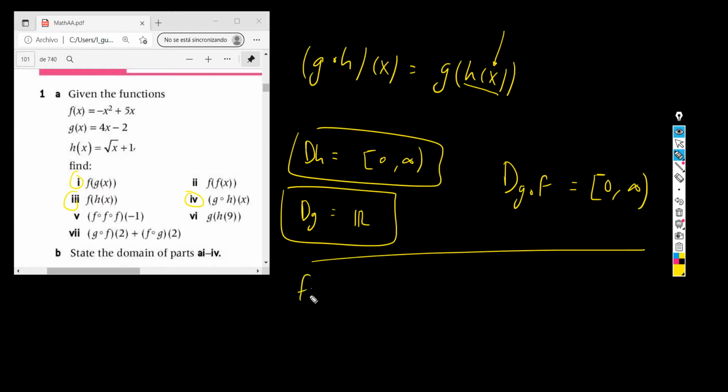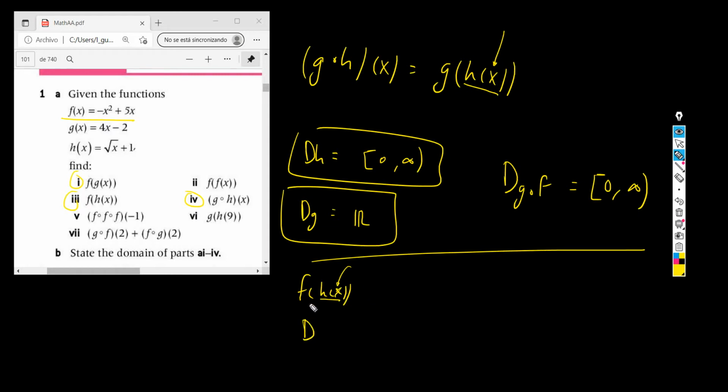So f of h of x, same idea. What is the domain of h? The domain is this one that I told you here. What is the domain of f? The domain of f is all the real numbers. So basically, you cannot give any value you want to x in here. You first have to attend to the domain of h, which is the one that has a restriction, right?